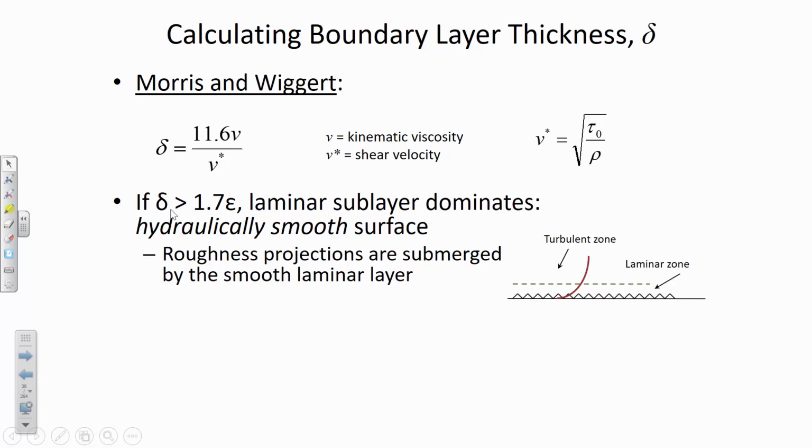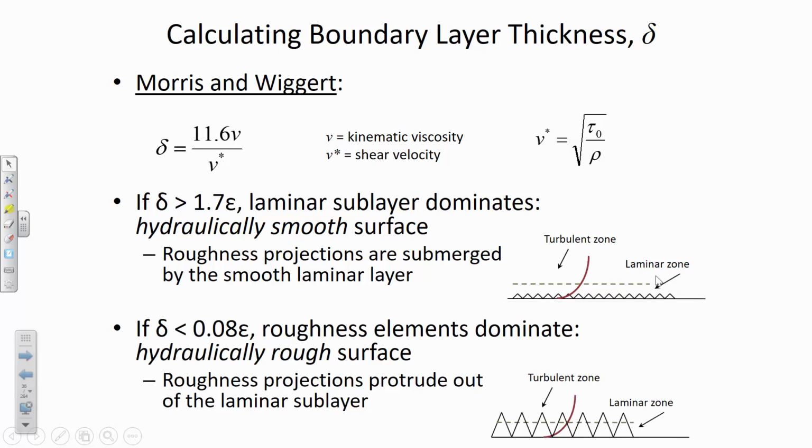So the limit is that if the boundary layer thickness is greater than 1.7 times the roughness, then we say that the laminar sublayer dominates the roughness elements, and therefore it's hydraulically smooth. You can think of it almost like gluing sand particles to the inside of a pipe. These little particles are below that cushion. The laminar layer is how thick conditions are laminar, with the Reynolds number below 2,000.